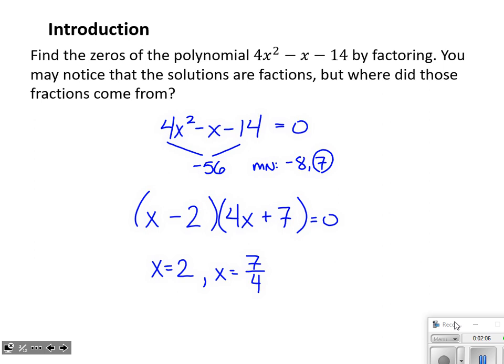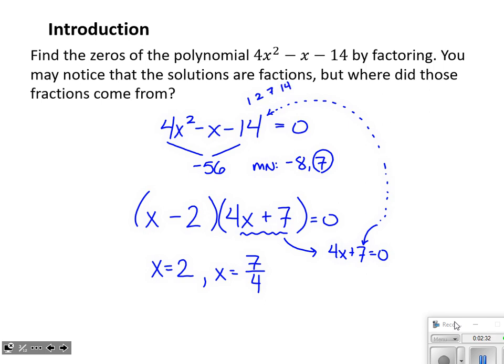So the idea is that there's a great pattern that comes out of this. So where did those solutions come from? Well, when we took a look at each factor and we set that equal to 0 and solve, take a look at what happens. We have this 7, and if we were to follow that all the way back to how we got that 7 in our factor, it was a factor of 14.